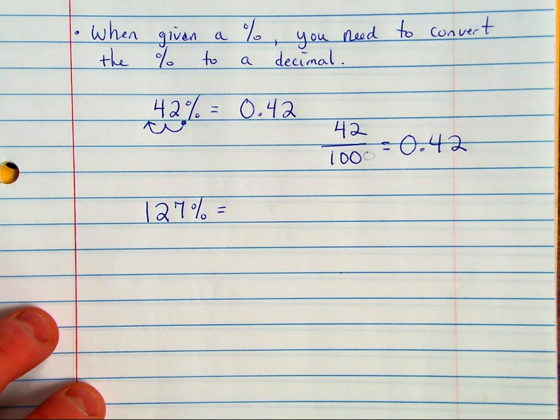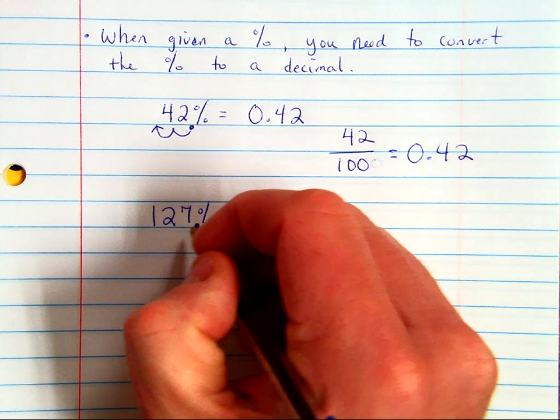Very good. We substitute the decimal for the percent, and we move the decimal 2 places to the left. It doesn't matter how many numbers I give you. It could be 5,000%, you're still going to move the decimal 2 places to the left.